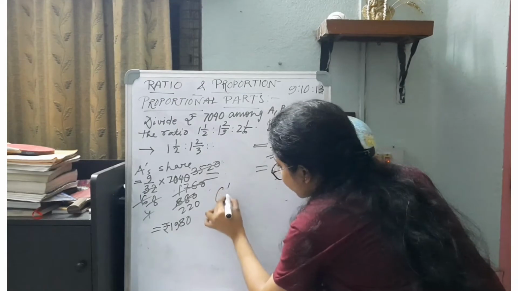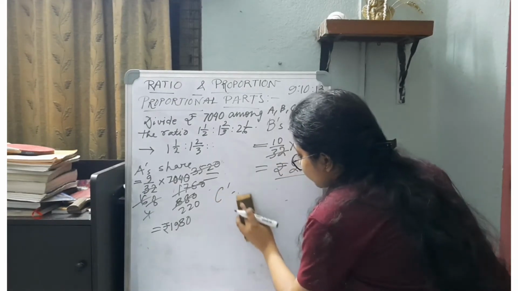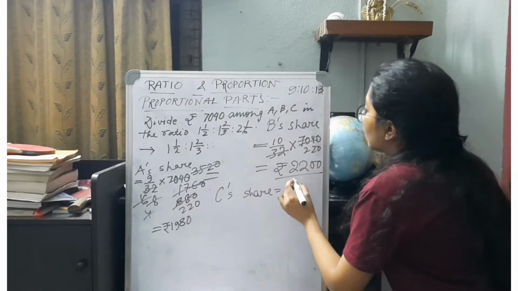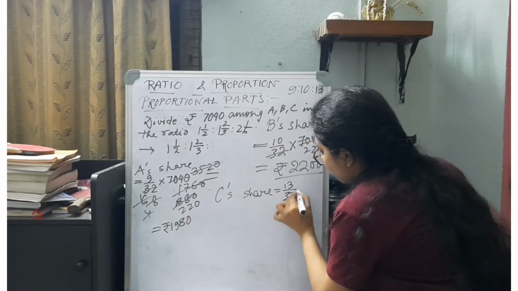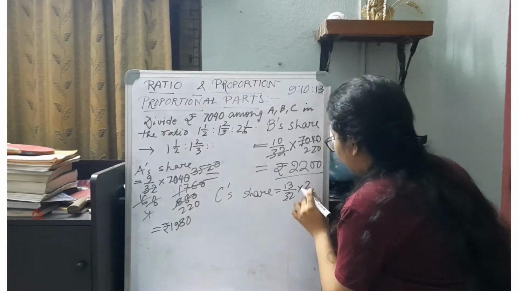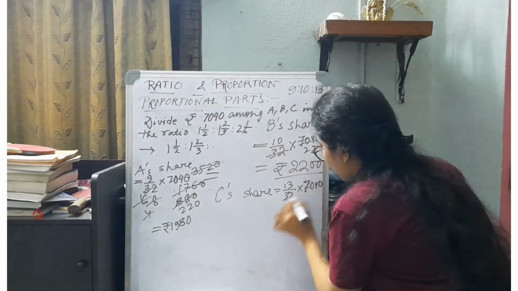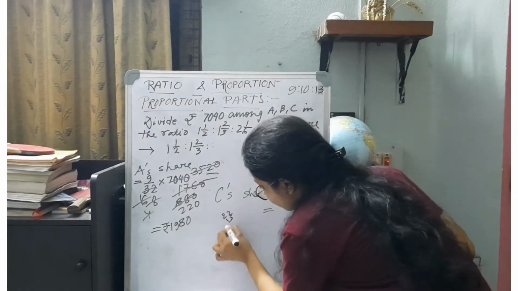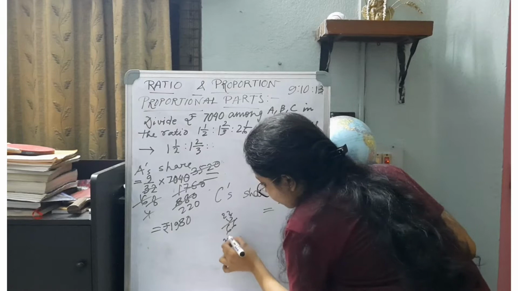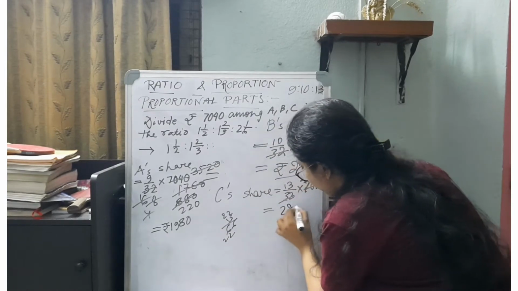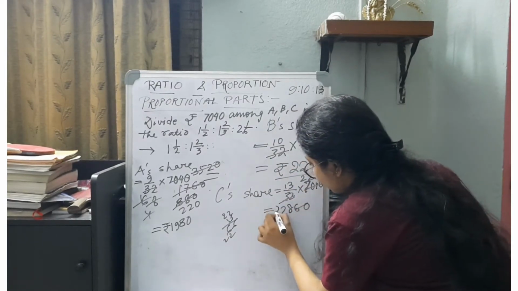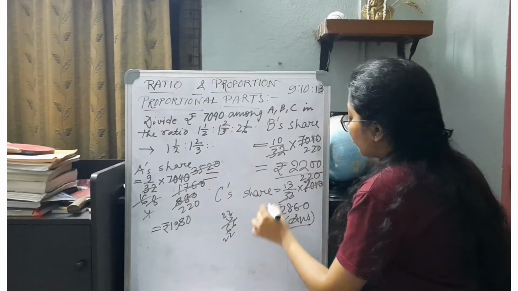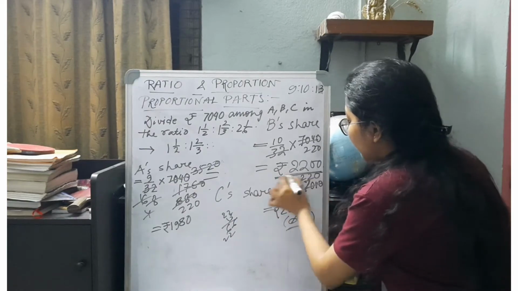For C's share, it is 13/32 into 7040, so the value is 2860. Providing the rupees sign is equally important to denote all of them.